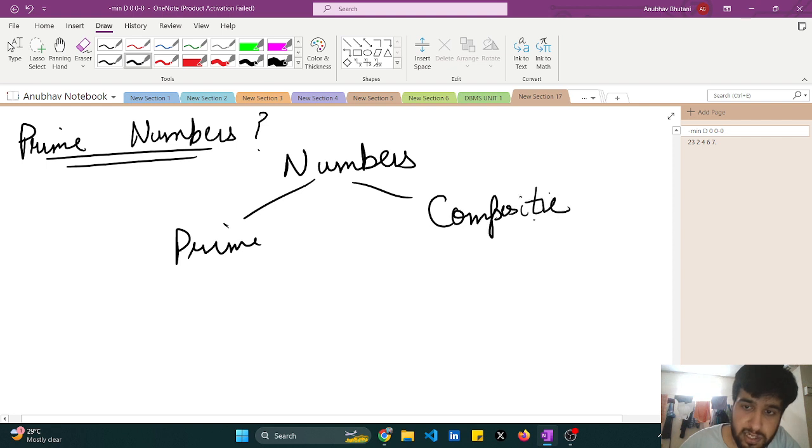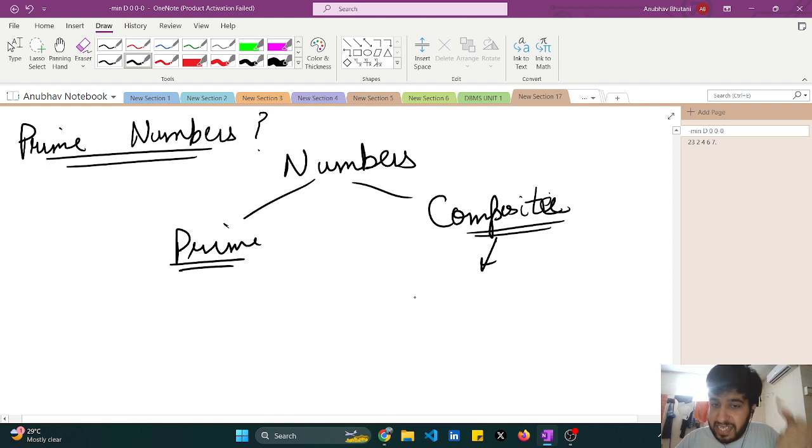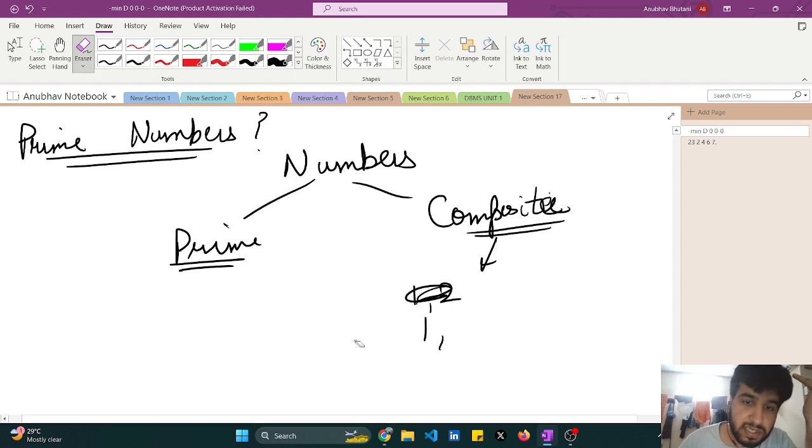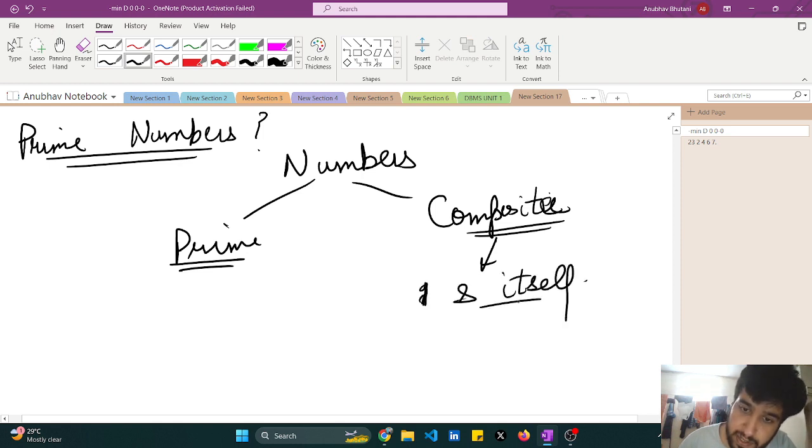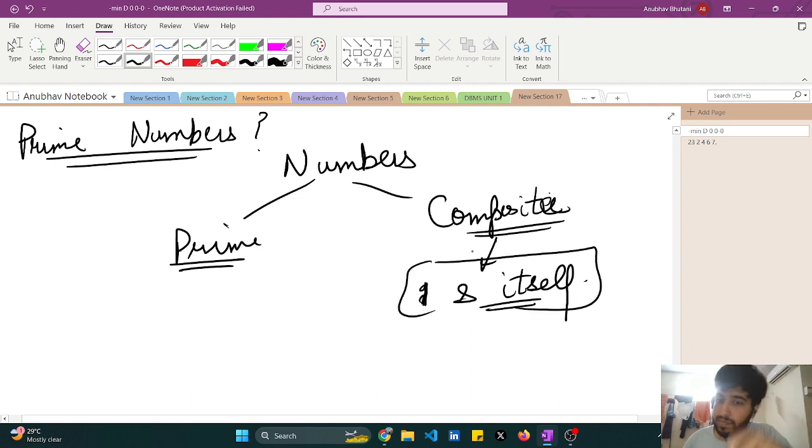Composite numbers are those numbers which are divisible by more than two numbers, that is, by more than one and itself.